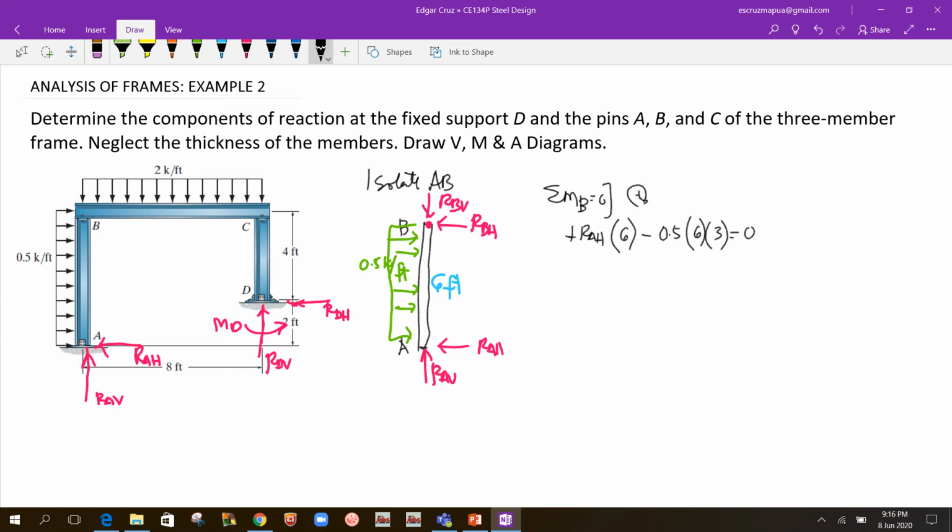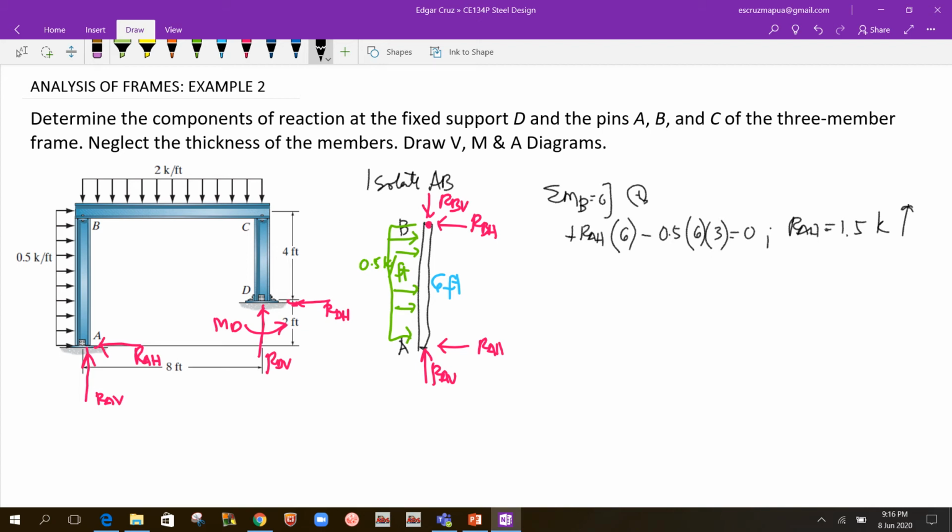Computing, RAH is 0.5 times 6 times 3 divided by 6, which is 1.5 kips. That is positive, so the direction assumed is correct.